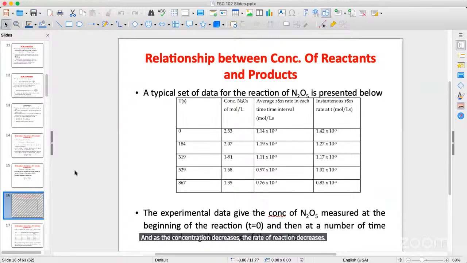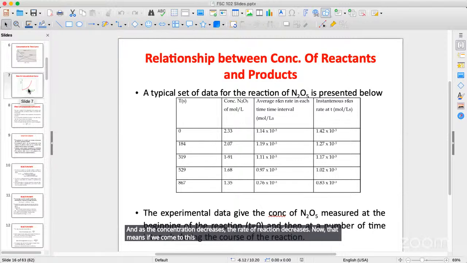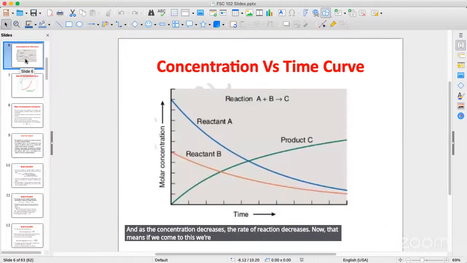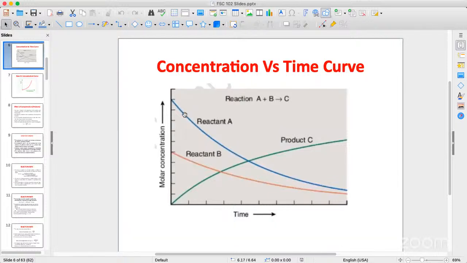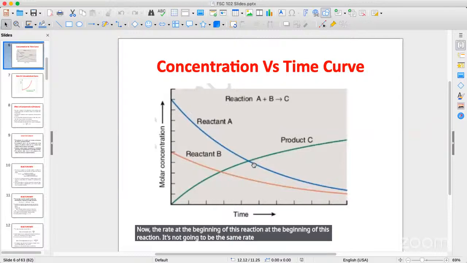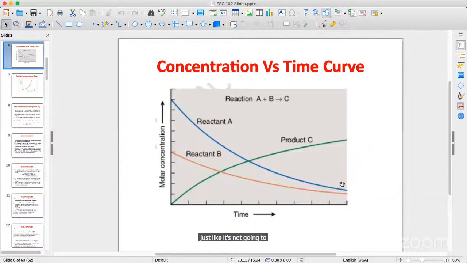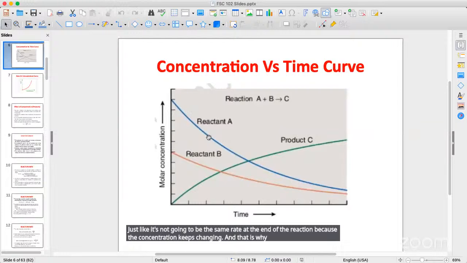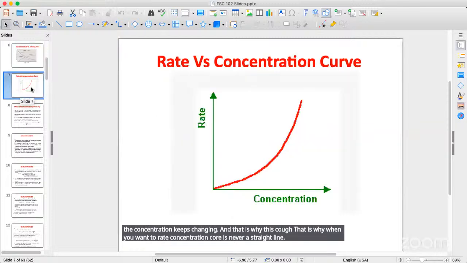Now, that means if we come to this curve, the rate at the beginning of this reaction is not going to be the same rate in the middle of the reaction. Just like it's not going to be the same rate at the end of the reaction, because the concentration keeps changing. And that is why the rate concentration curve is never a straight line.